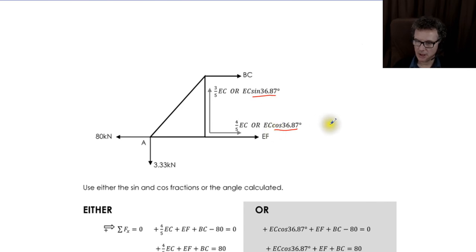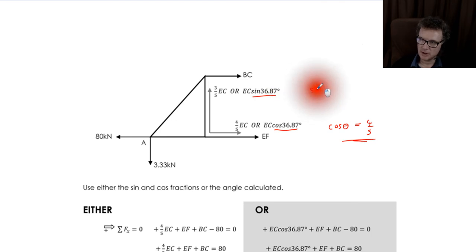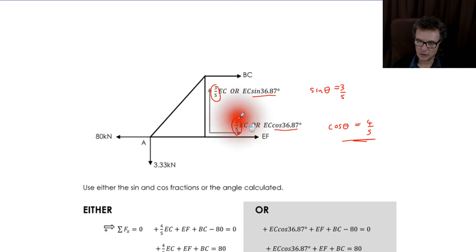Or you could say that I know that cos theta equals 4/5. That's what the trig is saying, okay? Cos theta is adjacent over hypotenuse. And here we've got sine theta, which is opposite over hypotenuse. So that's where the 3/5 comes from, or the 4/5.